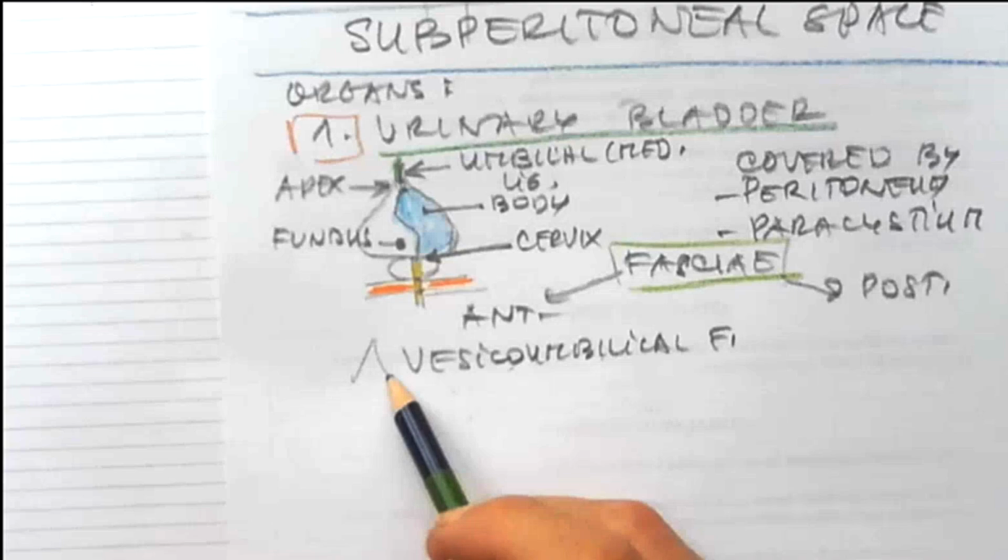Okay, so we can add, because we need a simple drawing, the vesico-uterine would be number one in the diagram, and recto-uterine would be number two. Rectovesical is in the male.